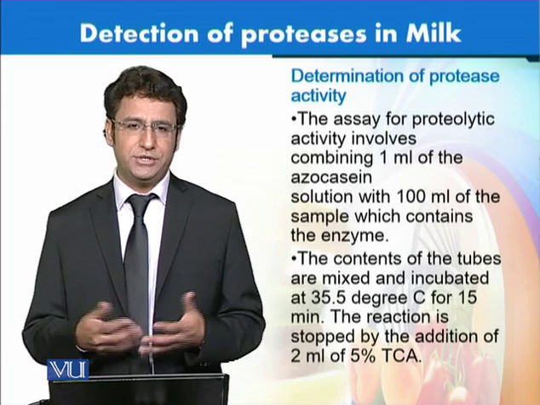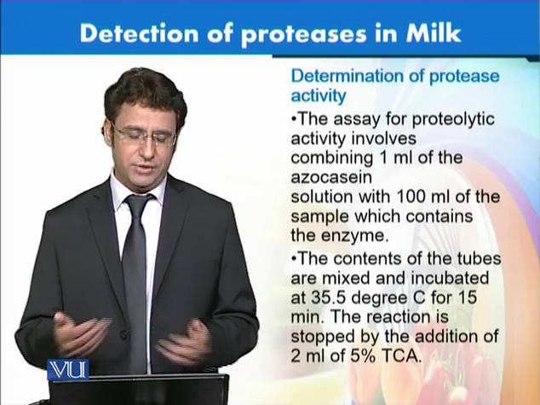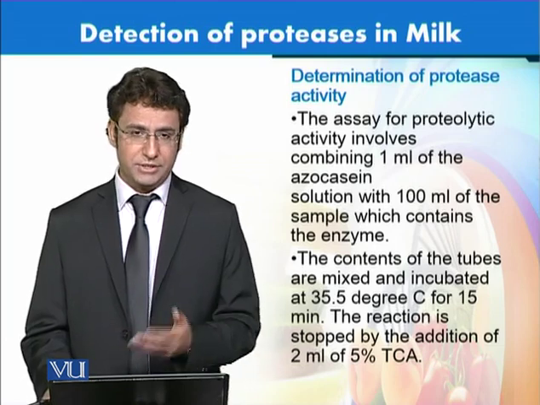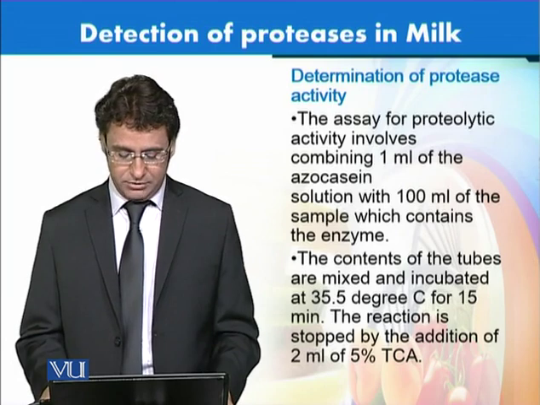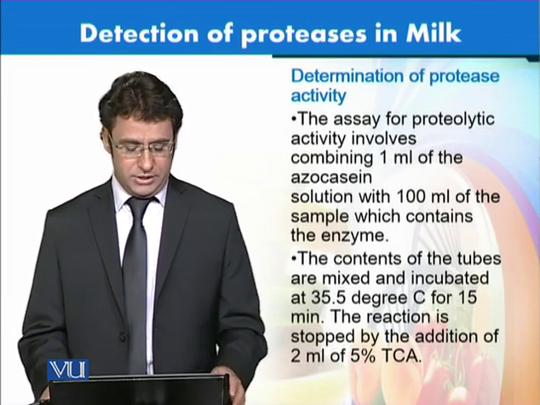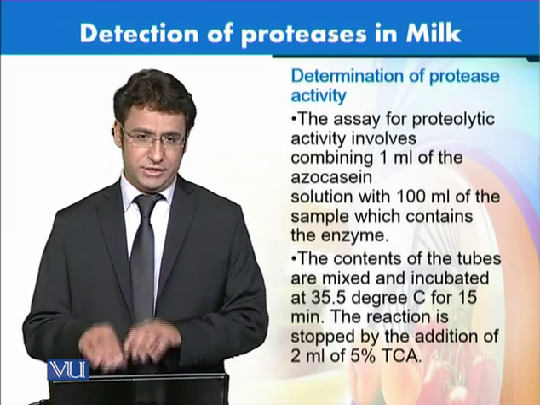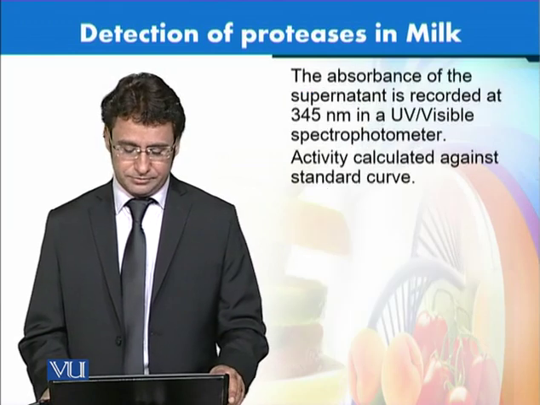Once this reaction has taken place, the enzyme has acted on the proteins present in the sample. We then add 2 milliliters of the 5% trichloroacetic acid solution, which stops the reaction of the enzyme with the protein.